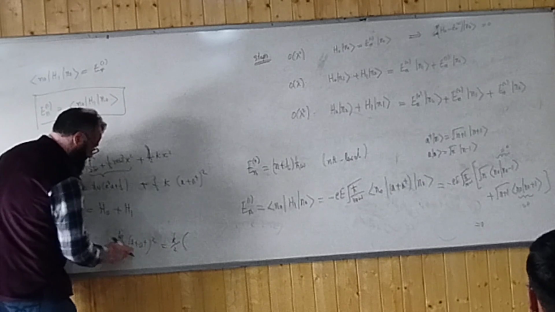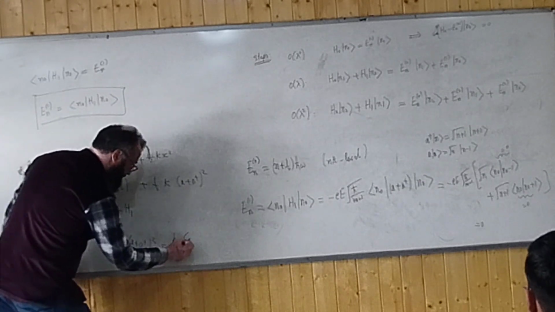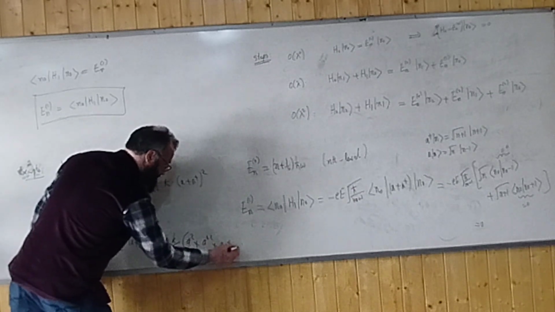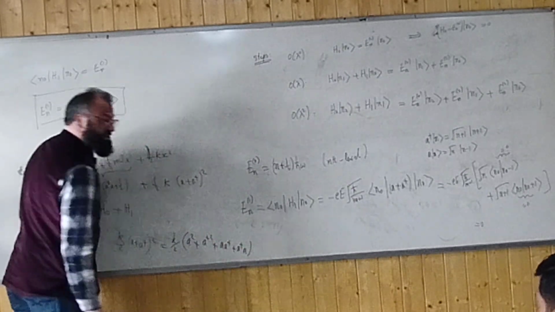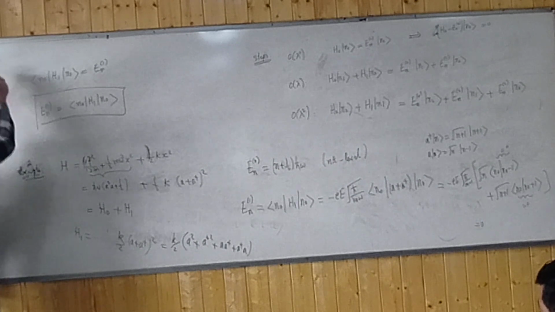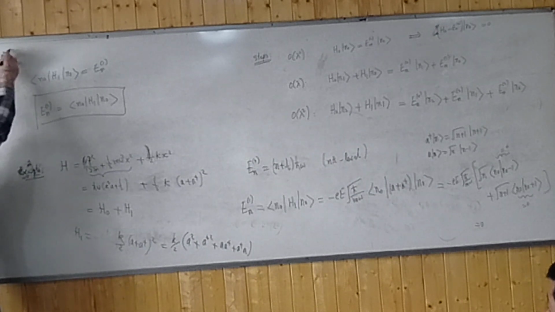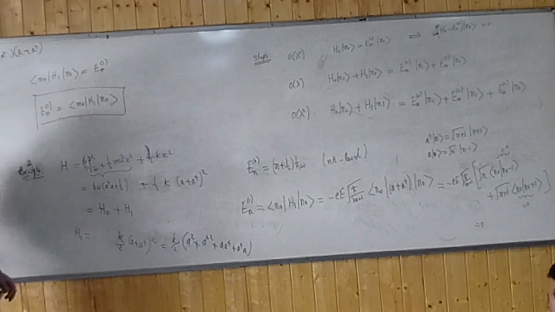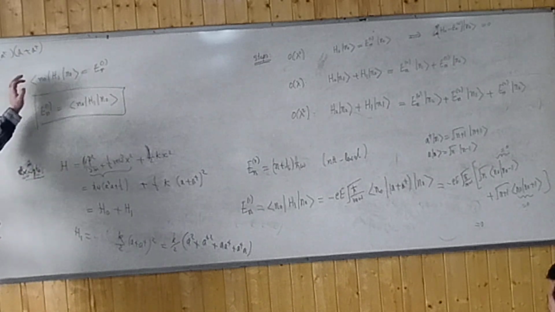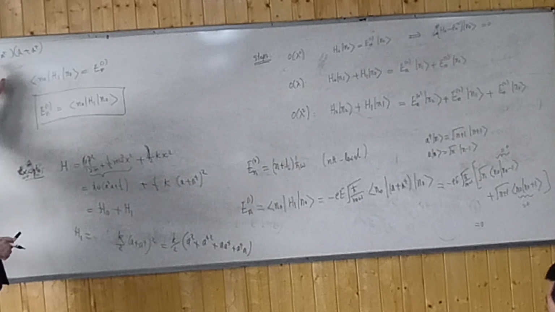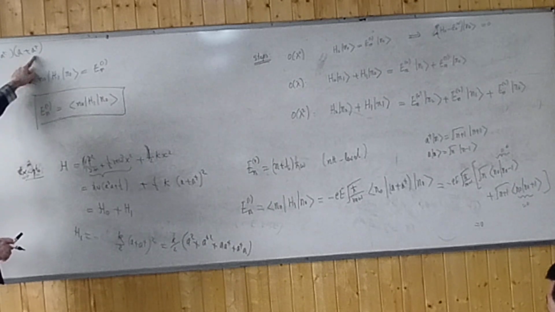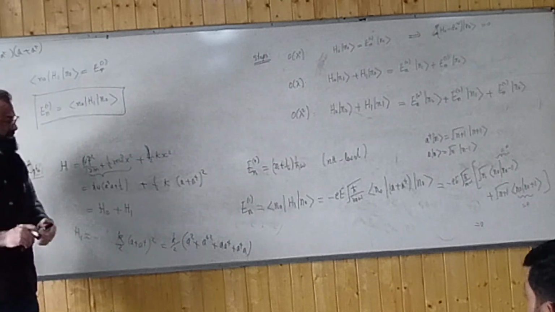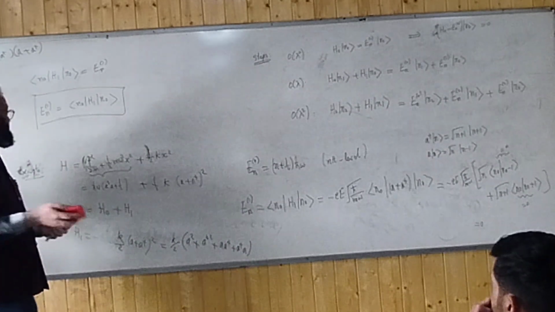Anybody who does not know: it's (a plus a dagger) into (a plus a dagger). These are operators, and operators do not commute in general. So you have to put a square, a dagger a, a a dagger, a dagger square. Clear? So now let's calculate the first order correction here.